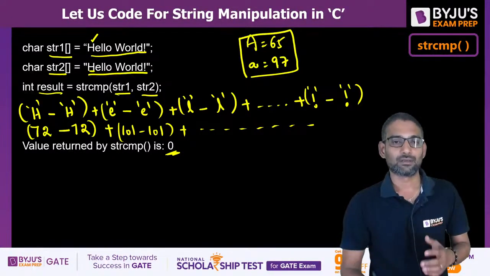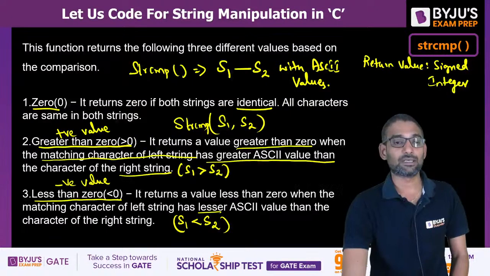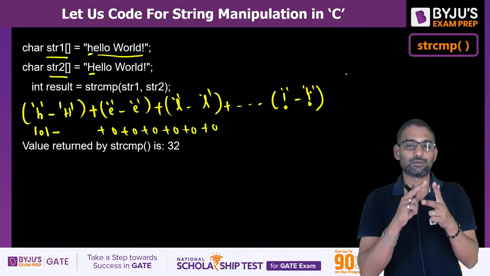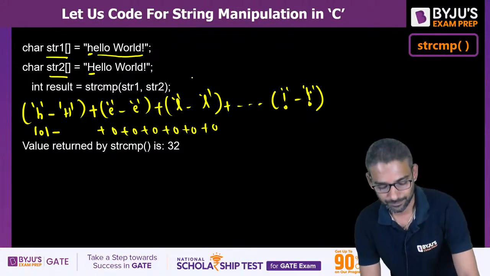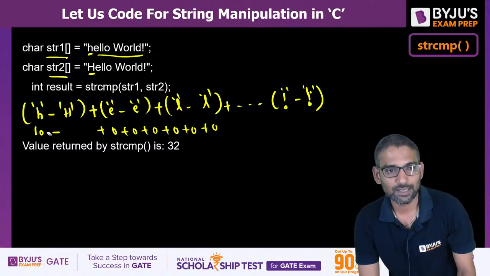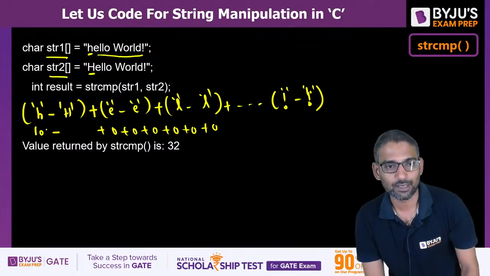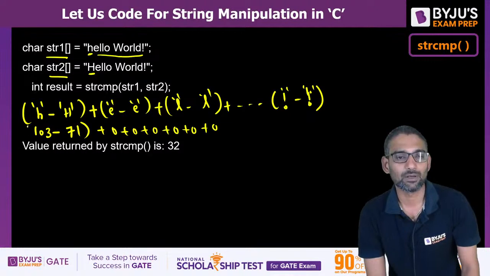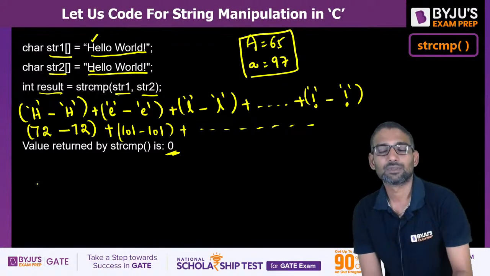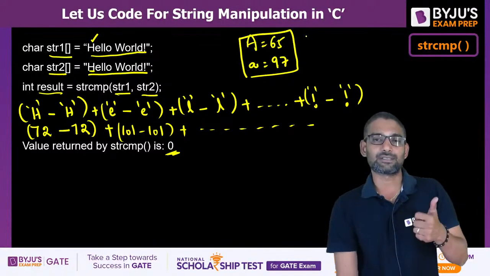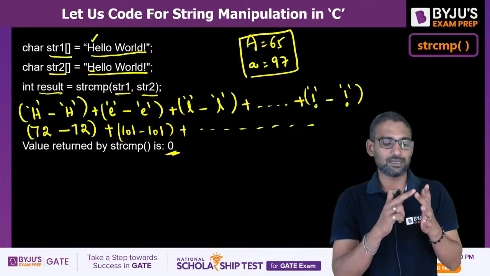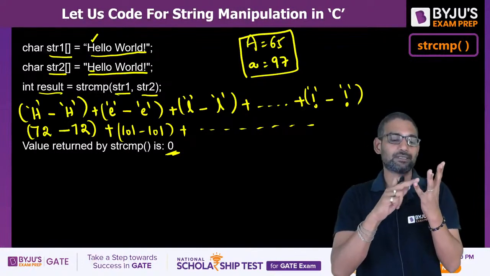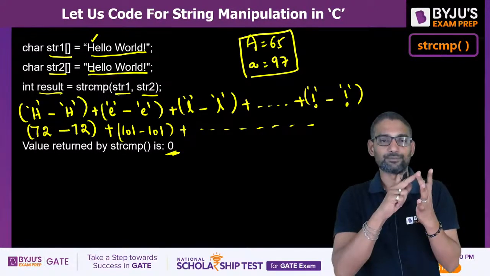Okay. Small e, F, G, H, 101, 102, 103. Sorry. Small h ASCII value is 103 minus 71 or 72. A 65, B 66, A, B, C, D, E, F, G, H, 65, 66, 67, 68, 69, 70, 71, 72.